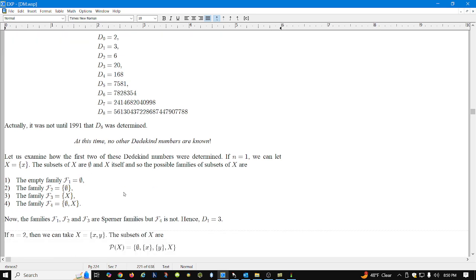So the possible families of subsets are the empty family with no subsets of capital X, the family I called F2, which just contains the empty subset, the family F3, which just contains the full set, which is a subset of itself, and the family F4, which contains the empty subset and the whole set.